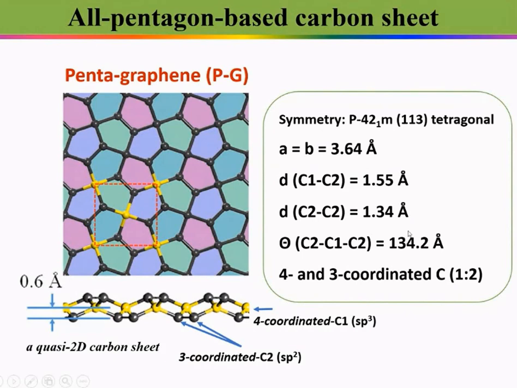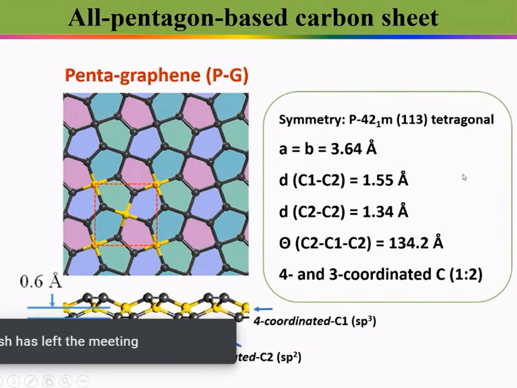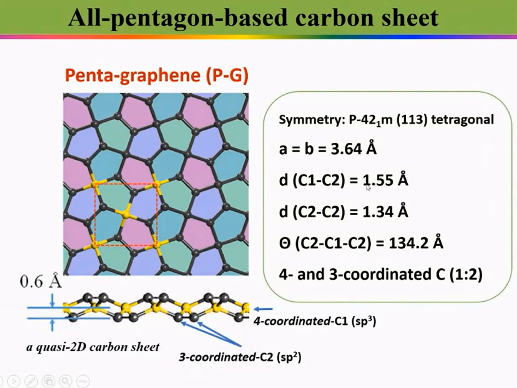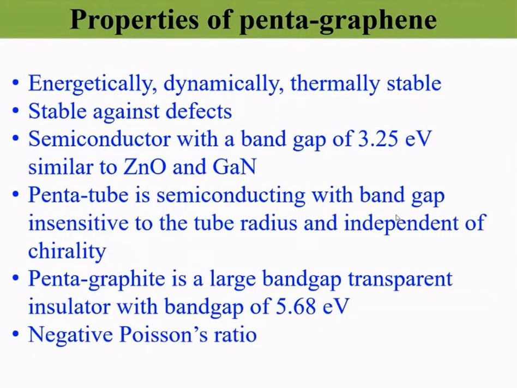The one making a single bond is about 1.55 angstrom, and the one that makes a double bond is about 1.34 angstrom. It's a buckled layer of, if you like, pentagraphene. So pentagraphene is nothing but a layered carbon structure in which the layer is actually buckled with 2 kinds of carbon, one forming 4 bonds and one forming 3 bonds.